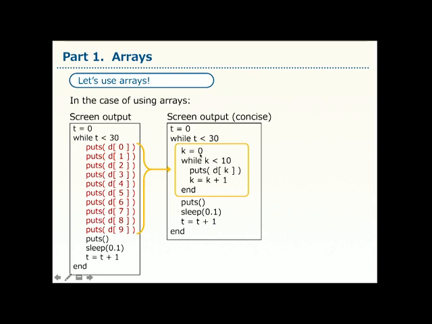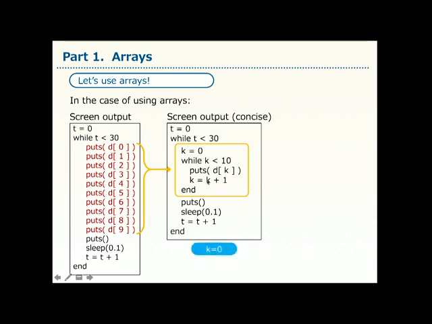As you can see, there is a loop here. This one is a while statement. Do you remember? For a while statement, while this condition holds, the statements up to end are repeated. In this case, while k is less than 10, these two statements are repeated.